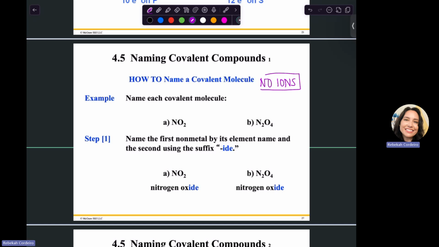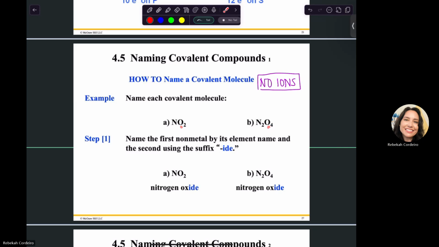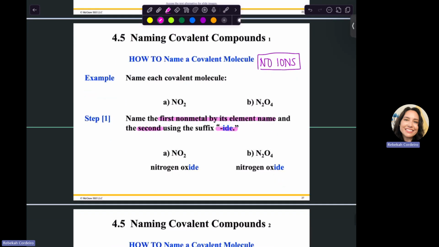So you're not going to be writing ions out. You're not going to be balancing charges. You're just going to, step 1, change the ending of the second element to "ide." The first is just the name of the element. The second is "ide" on the end, okay?